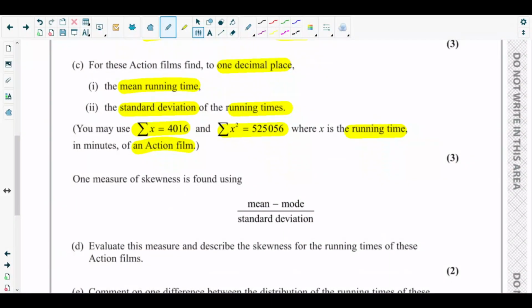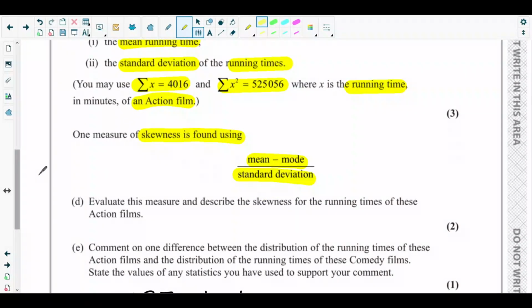Fine. Okay, next is part D. In part D, the question says one measure of skewness is found using mean minus mode over the standard deviation. Part D is asking to evaluate this measure and describe the skewness for the running time of these action films.